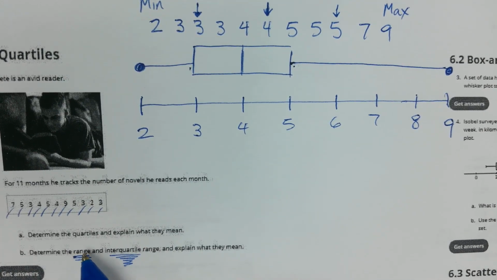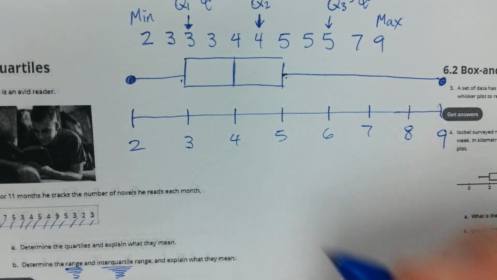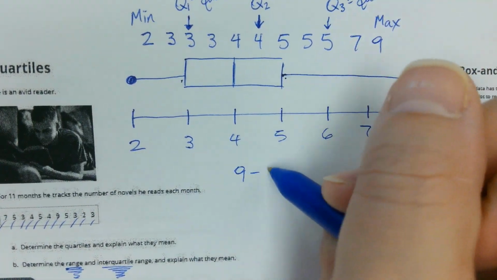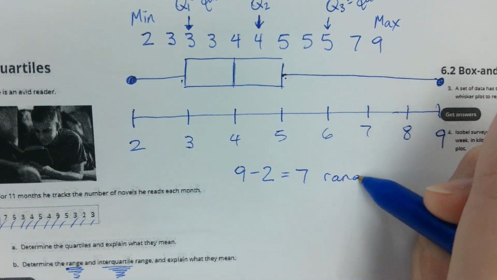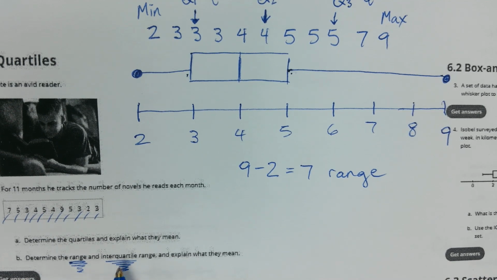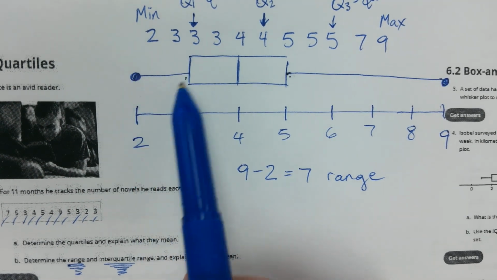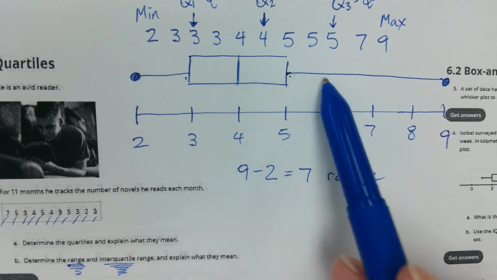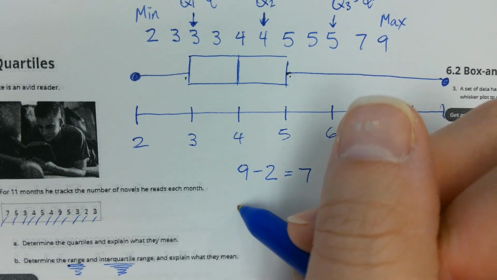Determine the range. So range just means maximum take away minimum. So 9 take away 2, that's 7, and that's your range. Okay, and then interquartile range.